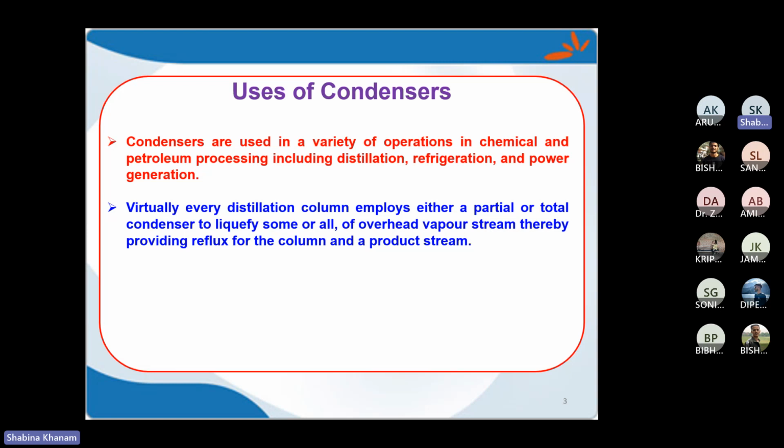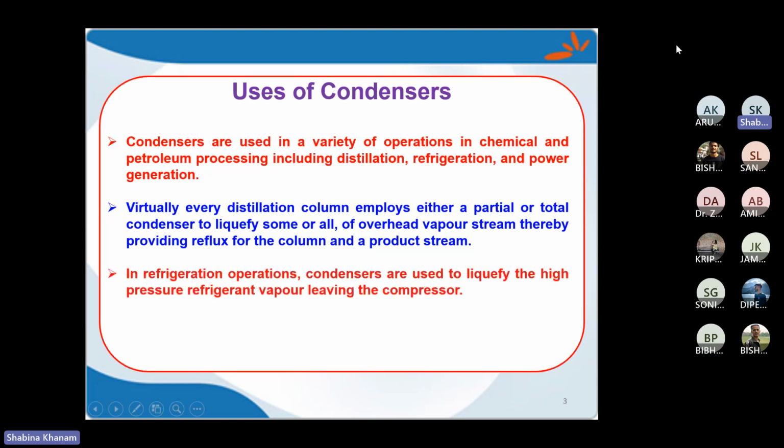So with distillation column we have partial as well as total, both condensers, and in which case which one should be used, I have already told you. So that is about the distillation column. Another usage of condenser is in refrigeration, in which I hope you remember the refrigeration cycle that you must have read in thermodynamics.